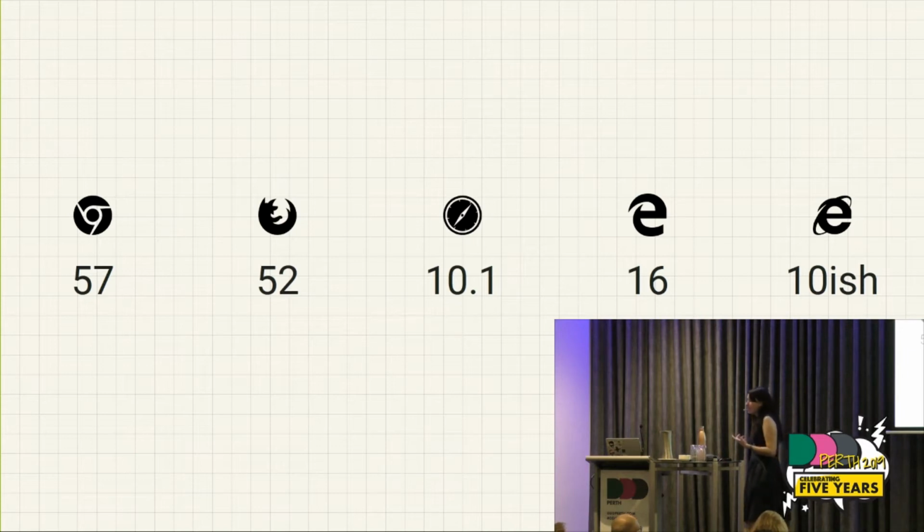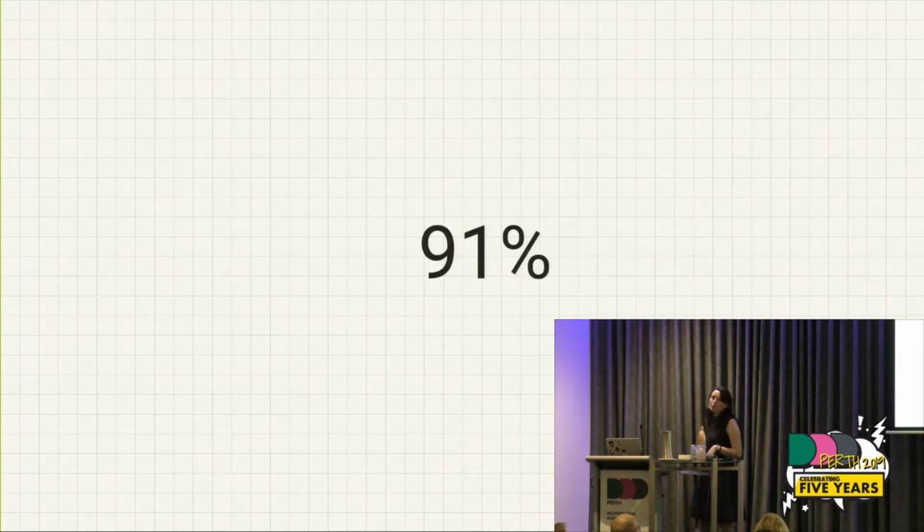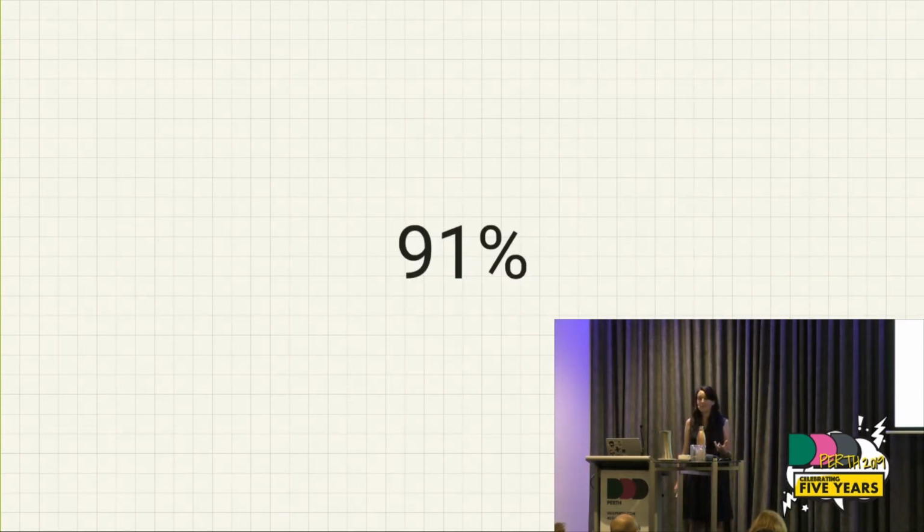Now, what do these numbers actually mean? Well, globally, we're looking at 91% support for CSS Grid. That's pretty good, right? So you know how we used SubGrid before, the really cool thing that changed everything and was just really great?